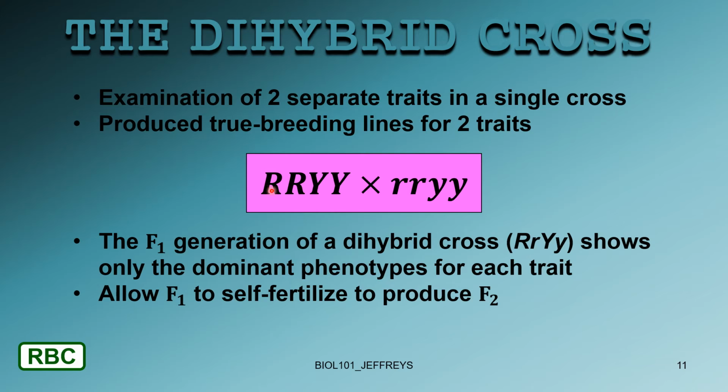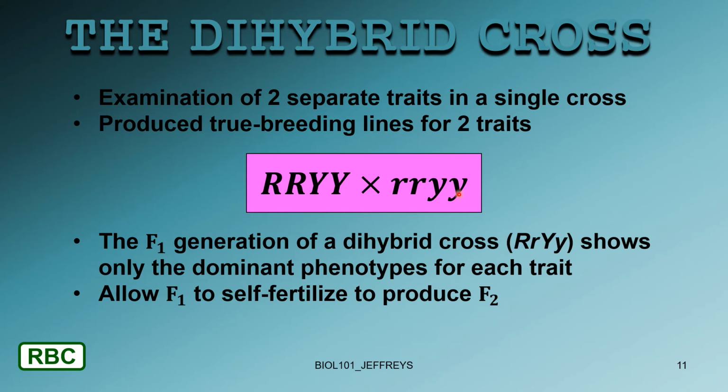Each parent has both genes, and each gene has 2 alleles. That's the way you have to look at this. So one gene is R, one gene is Y, but each gene has 2 alleles. And here we have true breeding dominant, that's big R, big R, big Y, big Y. And we're going to cross that with true breeding recessive, that's little r, little r, little y, little y.